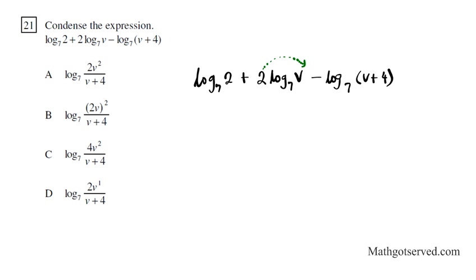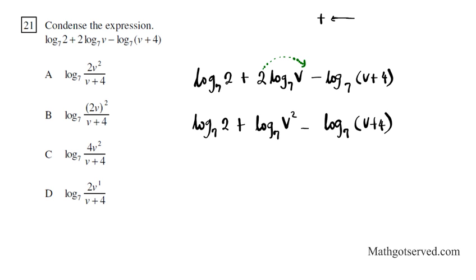Now this is going to become log base 7 of 2 plus log base 7 of v squared. Anytime this becomes a power, it becomes an exponent. Minus log base 7 of v plus 4. Now remember, whenever you are adding logs, you're multiplying the arguments, and anytime you're subtracting logs, you're dividing the arguments.